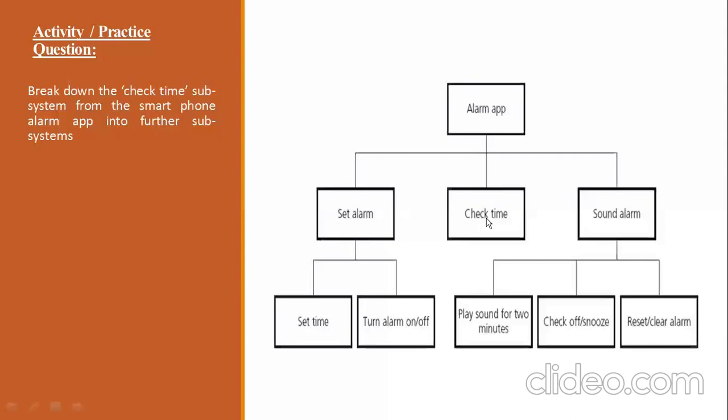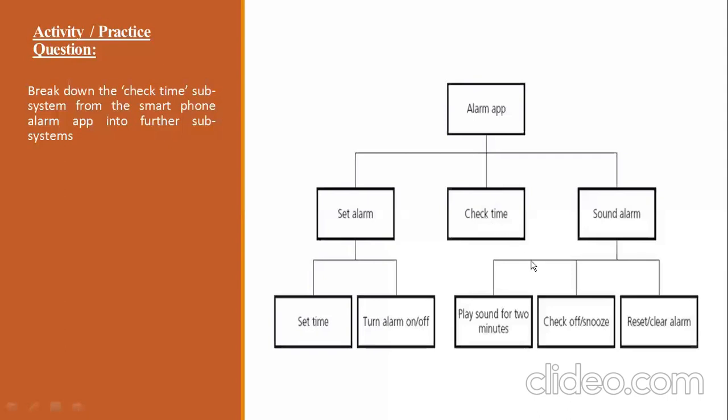So I can give you a hint that it will check the time after every minute. It will take the time from your mobile phone and compare that time with the time that you have set for the alarm.